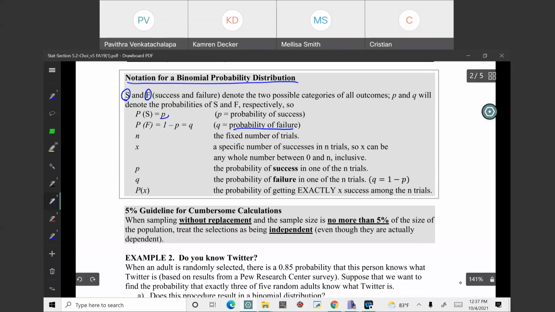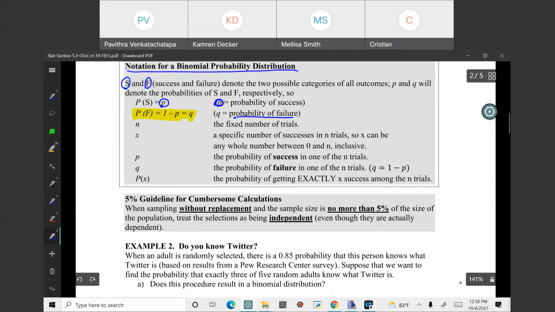We will also represent probability of success by small p. Now, how do you find the probability of failure? It is like A complement, 1 minus P of A. In the same way, 1 minus small p gives you q, which is the probability of failure. Very important formula.